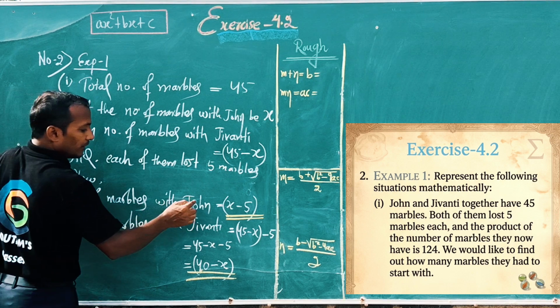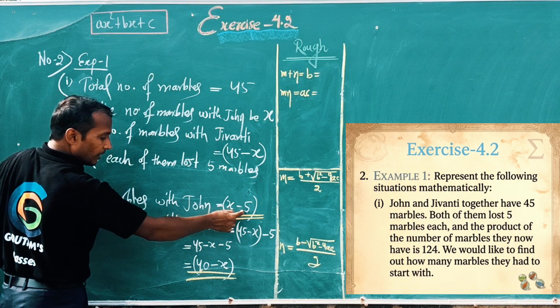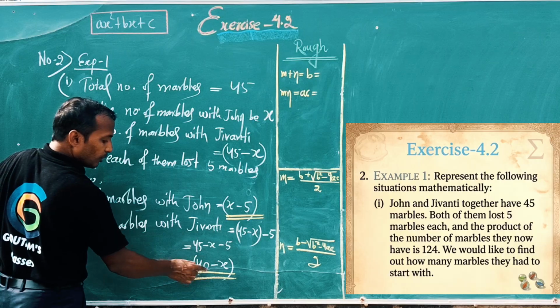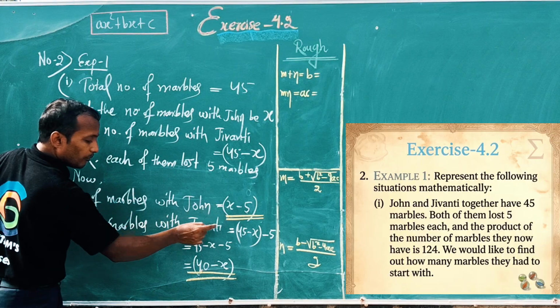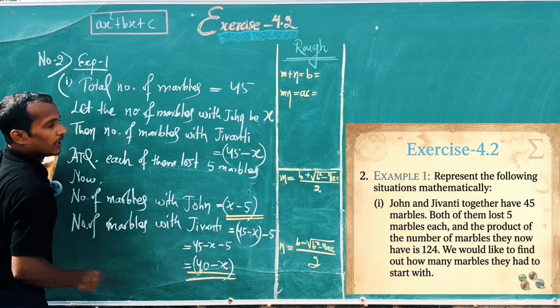The product of the number of marbles John has now, x minus 5, and the number of marbles Jivanti has, 40 minus x, is equal to 124.